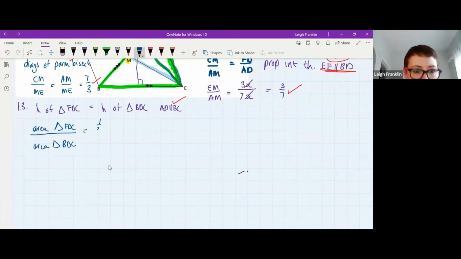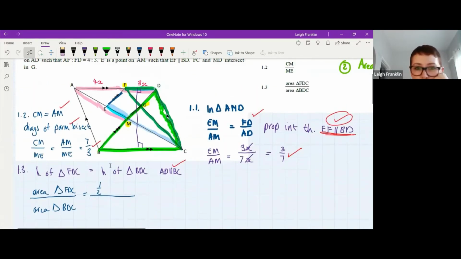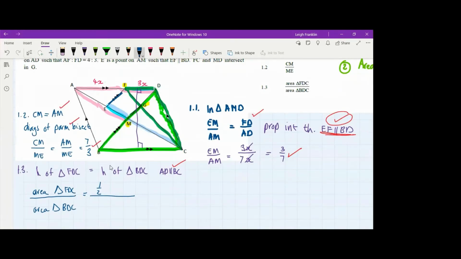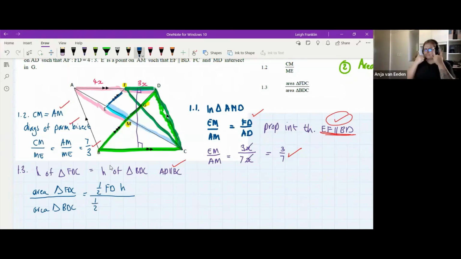Now, the base of triangle FDC is the line, what's the line, Matrix? The base. FD, good, well done, times the perpendicular height. Excellent. And then at the bottom, we've got half base times height.